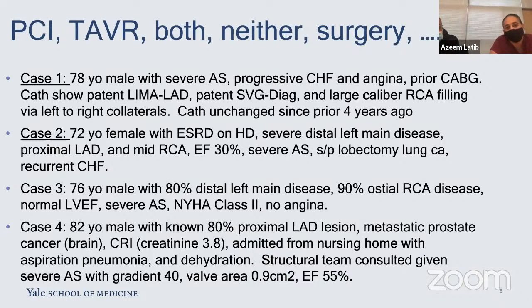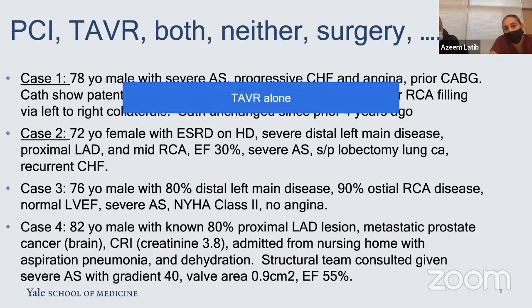I mean, change the valve and see what happens. So I agree with you, right? That's what we did. I think it's probably the right decision. People could argue, he's had some chronic angina, and is that from this large RCA that's filling via collaterals? But I think in this case, certainly TAVR alone as the first option makes sense.